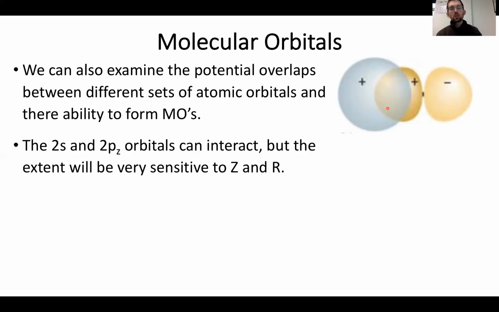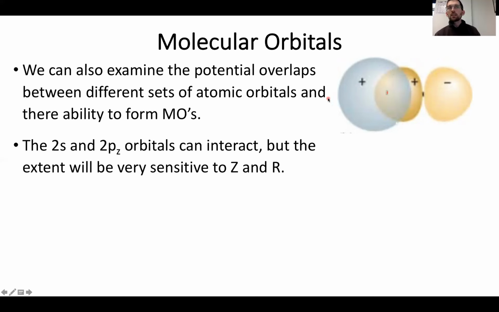But it's also worth noting that this process is going to be very sensitive to both the charge and the distance between the nuclei, because the greater the charge and the greater the distance, this essentially means the less overlap I'm getting. And my s orbital, which is much bigger, is going to prefer to interact with something that's bigger and more spread out.